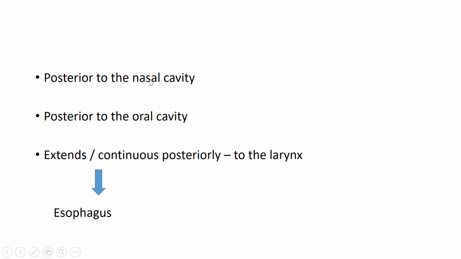Now, if you see the path, it starts at the base of the cranium and lies behind the nasal cavity. Then it continues downwards behind the oral cavity, and then one part of it continues as the larynx, and another part goes posteriorly behind the larynx, and then continues as the esophagus. So the pharynx forms the upper portion of your air and food passages.